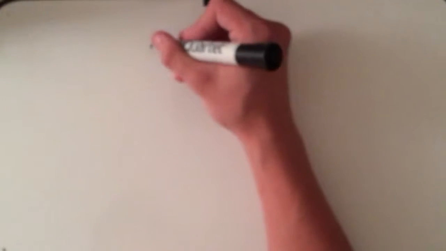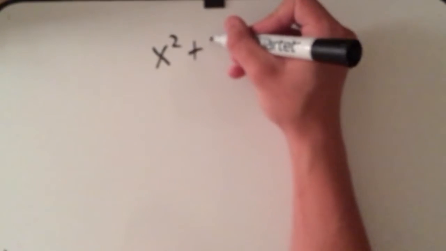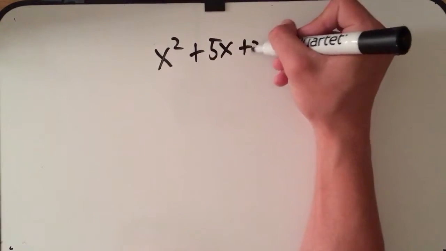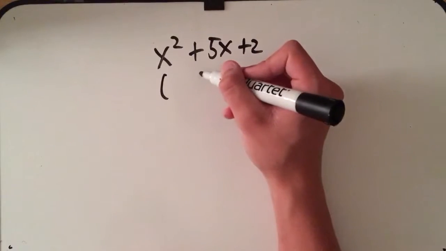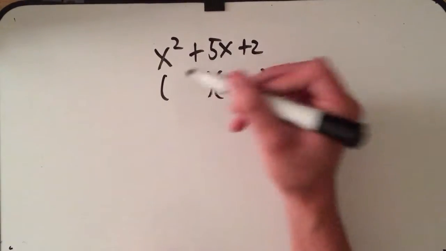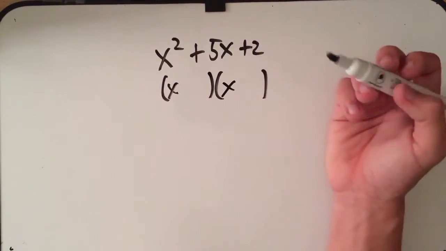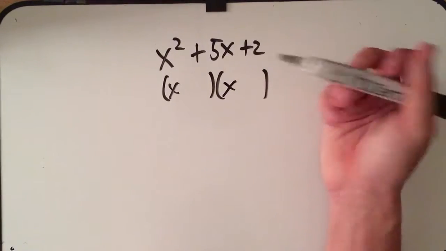For instance, say you have a problem like this. And you start off and you say x. This one doesn't need the five-step method, but you look at it and you're like, well, that doesn't really work.